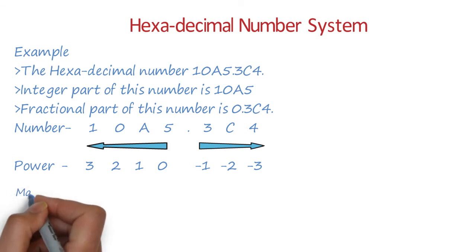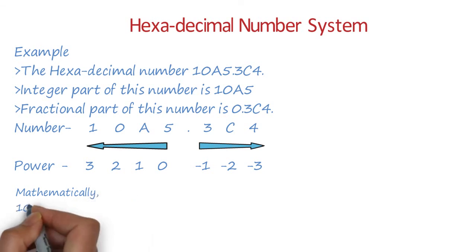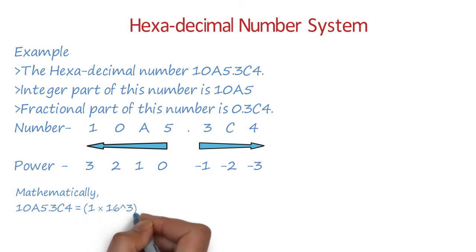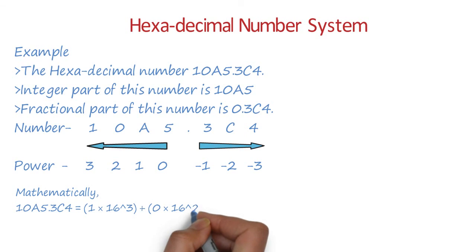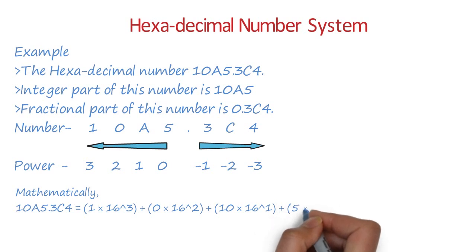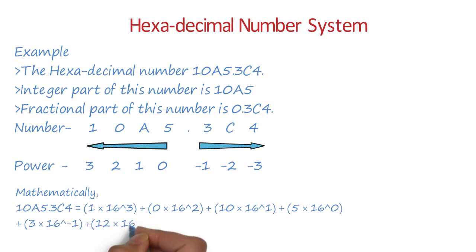So mathematically, we can calculate a hexadecimal number as follows. 10A5.3C4 is nothing but 1 into 16 raised to 3 plus 0 into 16 raised to 2 plus A, which has a decimal equivalent of 10, into 16 raised to 1 plus 5 into 16 raised to 0 plus 3 into 16 raised to minus 1 plus C, the decimal equivalent of C is 12, into 16 raised to minus 2 plus 4 into 16 raised to minus 3.